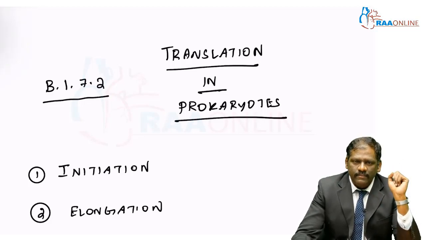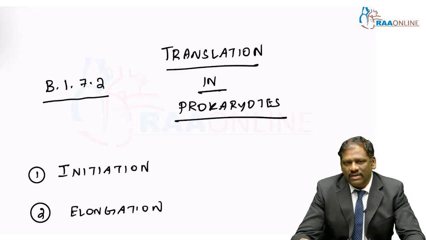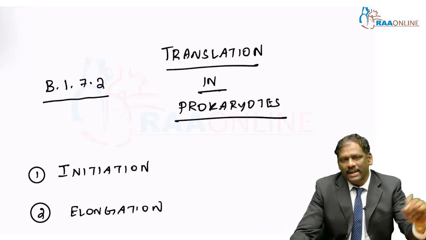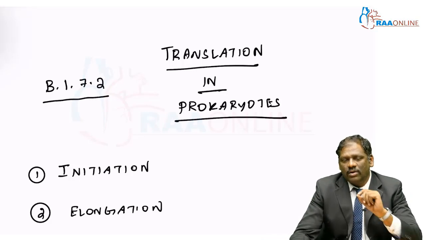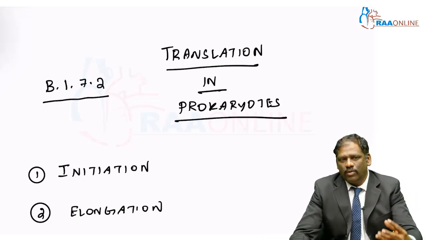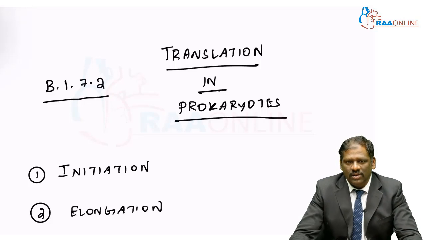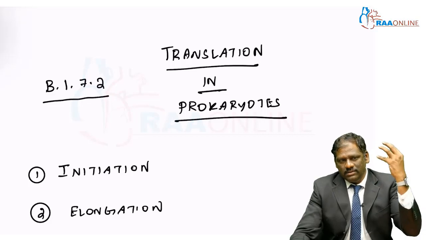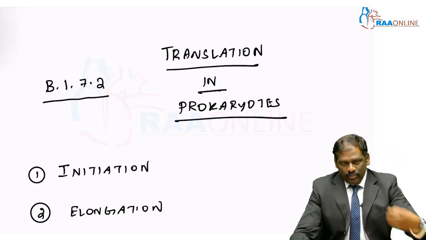Do you remember? The prerequisites for translation were first mRNA, that is your base which has the codons from which your amino acids will be arranged. Then you have an adapter molecule, which is your tRNA. As I told you before, this adapter molecule translates the genetic code to the protein language.